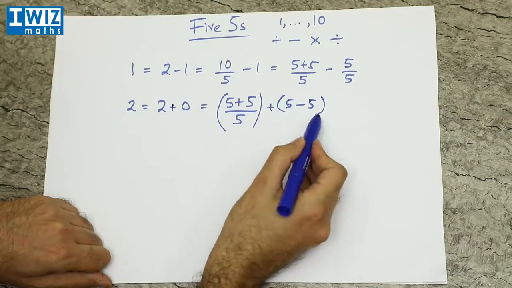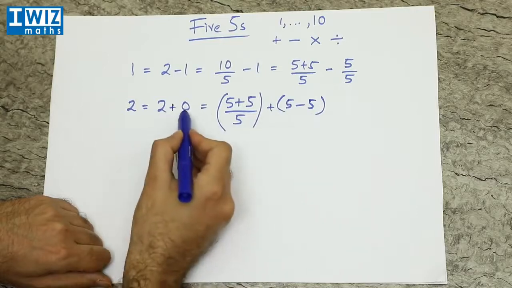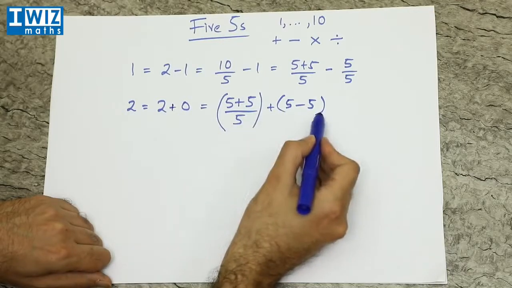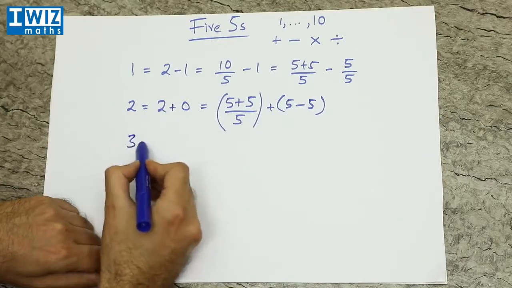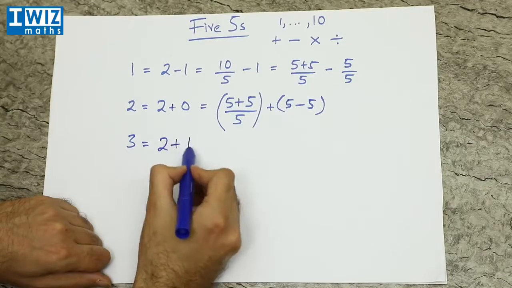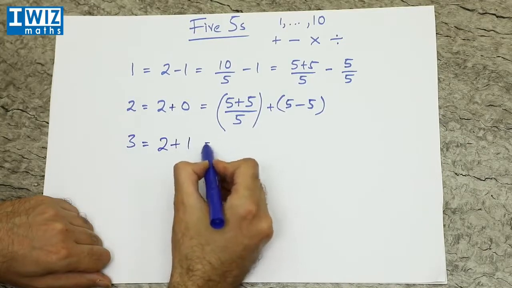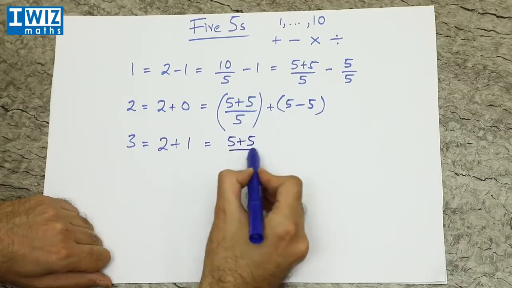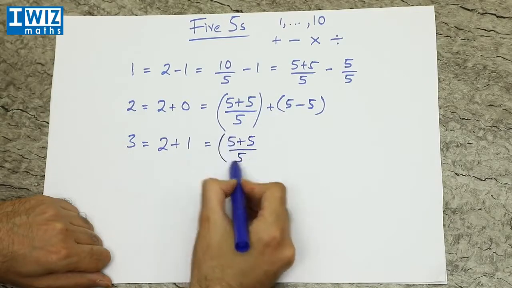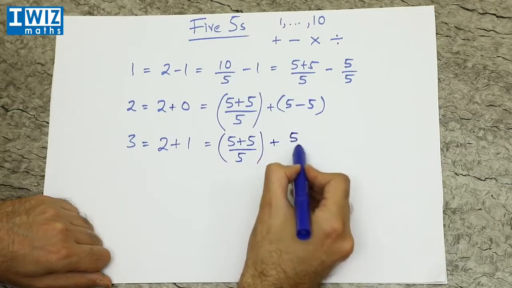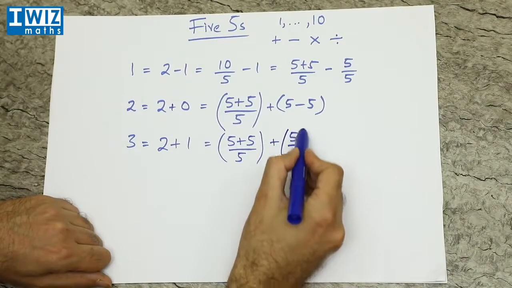Of course it doesn't make a difference. So that's 2 plus 0, so that's 2. If you want to get to 3, 3 is 2 plus 1, so that would be (5 plus 5) divided by 5, so that's 2, plus 1, which is just 5 divided by 5.